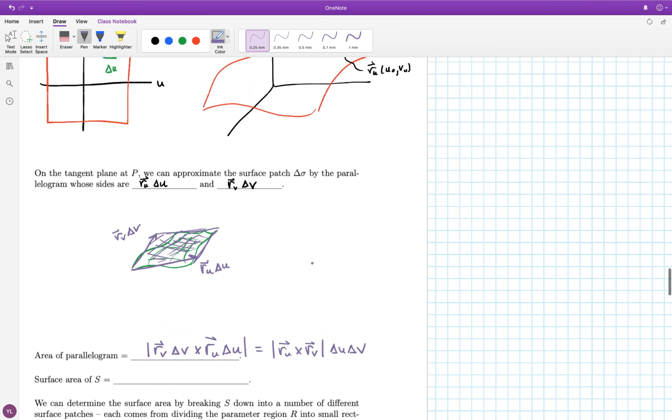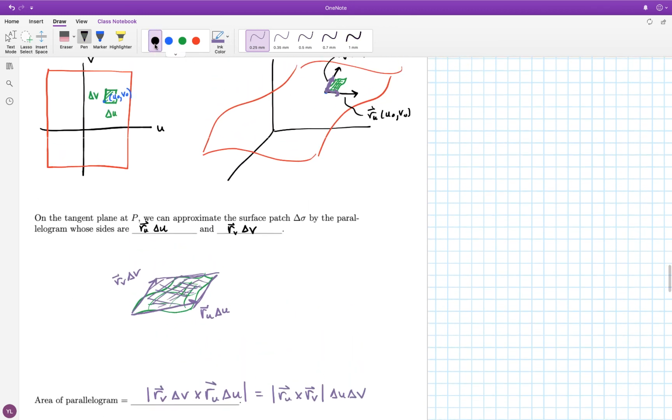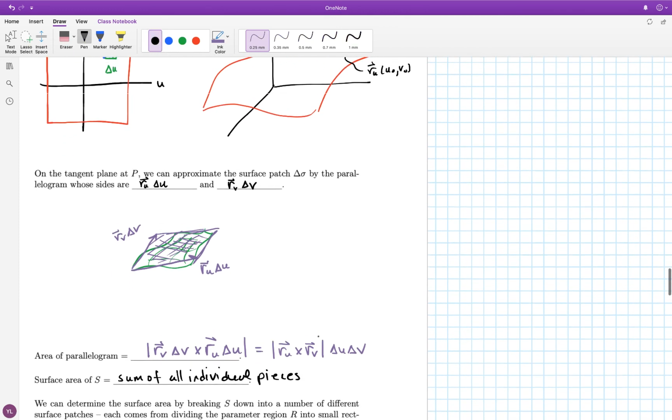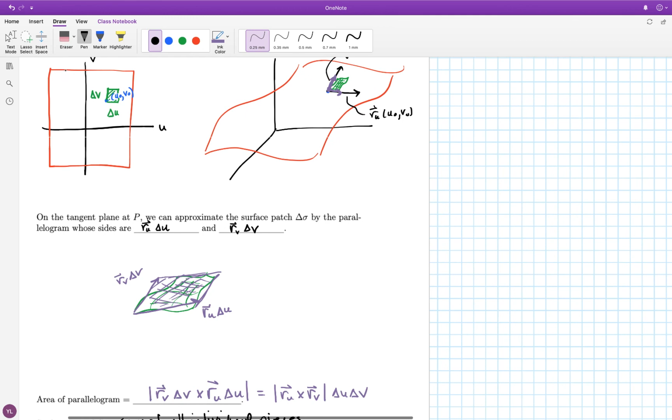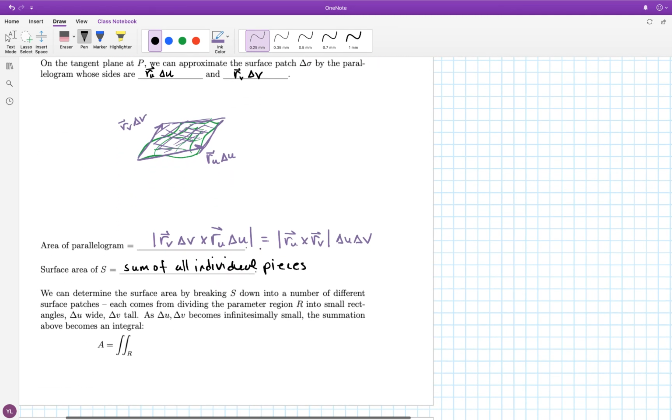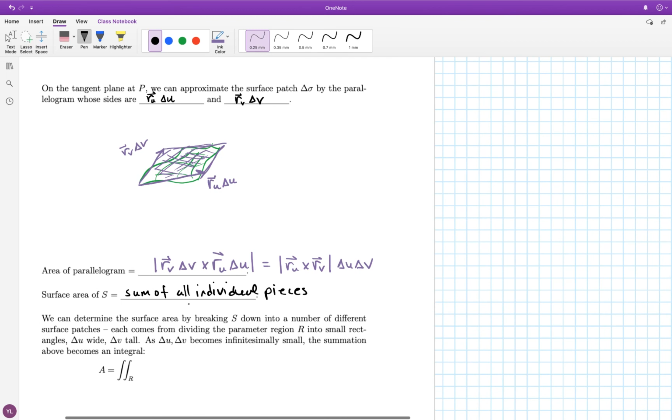And so the total surface area of the parametric surface is going to be the sum of all of the individual pieces constructed by chopping up the parameter space into a billion little rectangles. And this is our standard construction when we're building some sort of integral formula, right? So you take the parameter space, you chop it into a million rectangles by selecting a delta u, delta v precision, and then you go over to the surface and you replace each of the little pieces of the surface with appropriate parallelograms, and you add them all up.